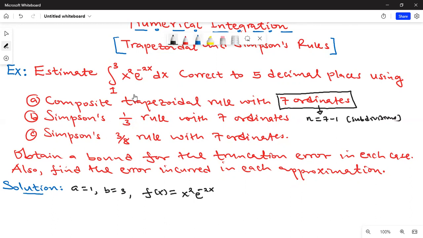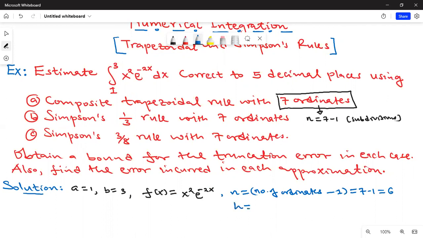So n is equal to the number of ordinates less 1. Because we are using 7 ordinates, that would be 7 minus 1, and so our subdivisions are 6. Once you have n, you can now calculate h.